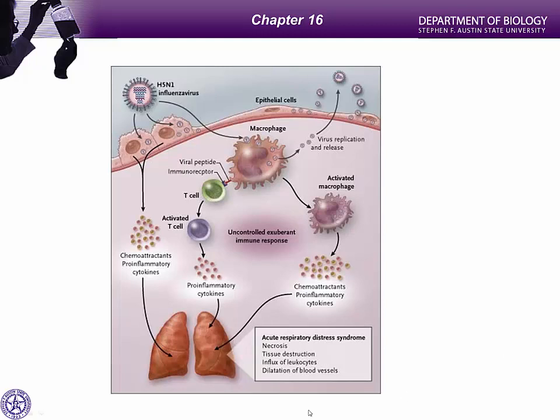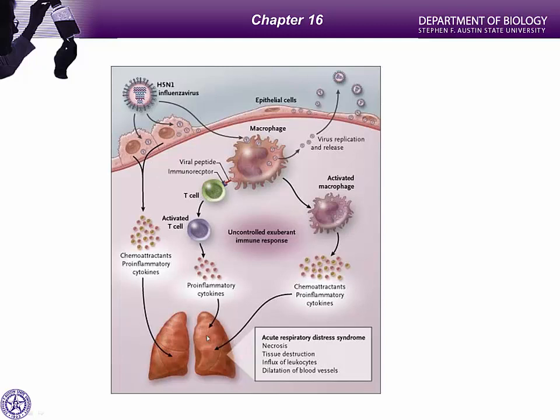Here's an illustration, H5N1. When it infects the cells of our respiratory lining, because this is an airborne virus, you're going to set up pro-inflammatory cytokines from the cells that are infected. Our other immune system cells, here we've got T cells, are going to be producing inflammatory lymphokines and cytokines.